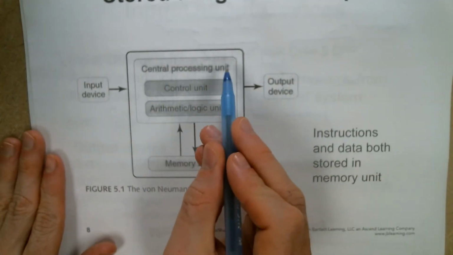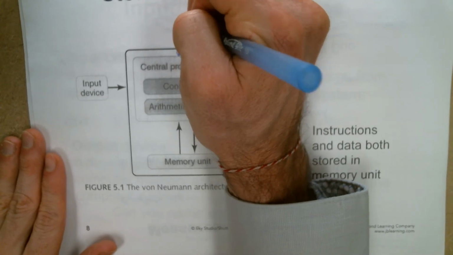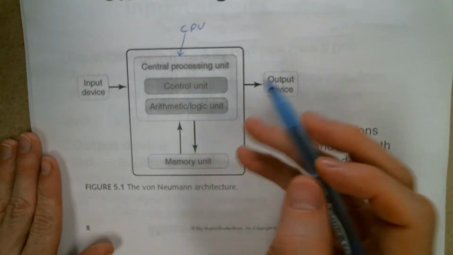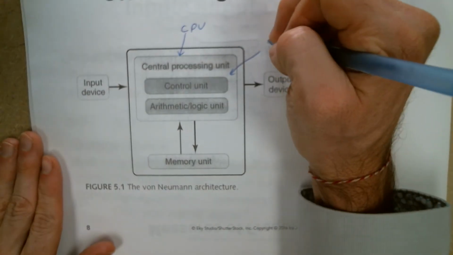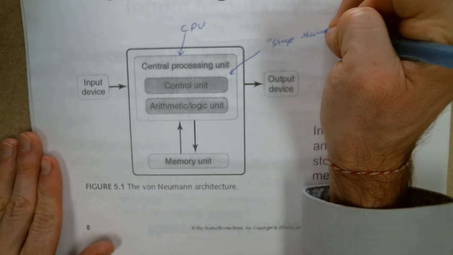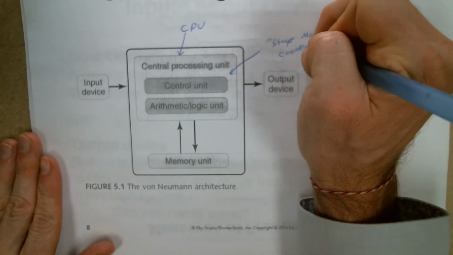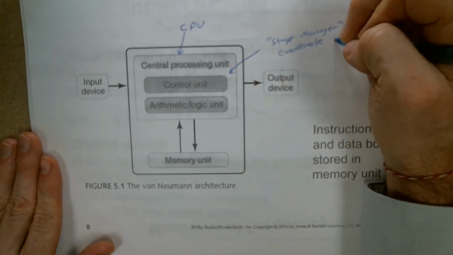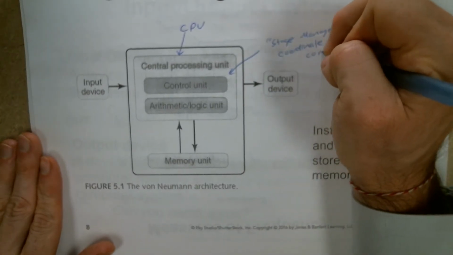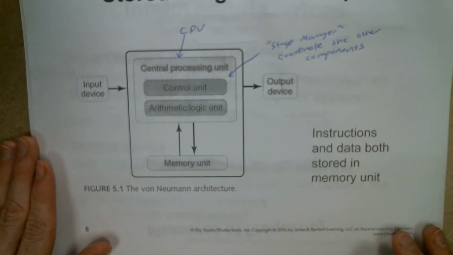So again, a lot of times I'm just going to say CPU, but when I say CPU, I'm referring to the central processing unit. It has the control unit, which is the stage manager. The stage manager's job is to coordinate the other components so that they operate when and how they should.